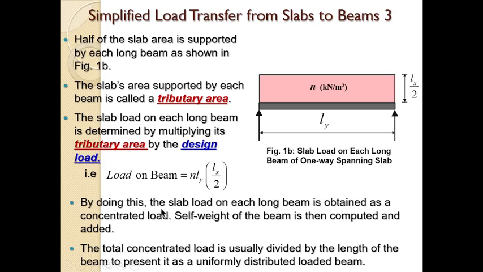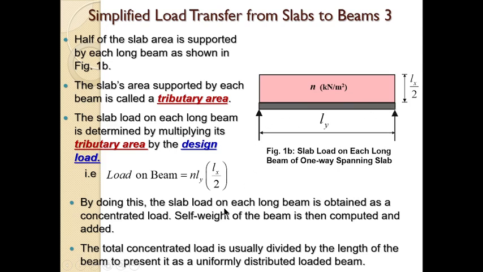By doing this, the slab load on each long beam is obtained as a concentrated load. When you do this calculation, you get the load as a concentrated load. And then the self-weight of the beam will then be computed and added to this concentrated load because the beam is also carrying its own weight.